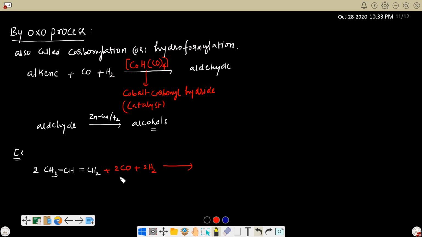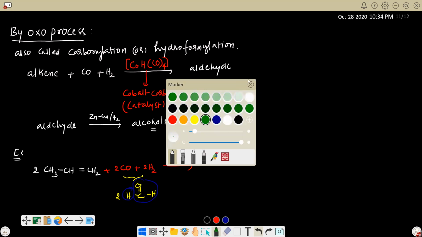Simply you can write here, in this case, we get 2 moles of formaldehyde. Just assume like this. The reaction is not so simple, but assume like this to make you understand. So do remember H and the other part is CHO. H is attached to one carbon, CHO is attached to the other carbon. Two possibilities we have. Therefore, we can write two different products.